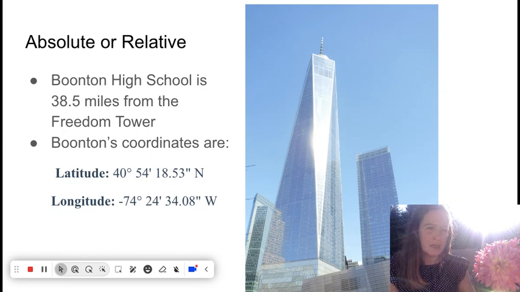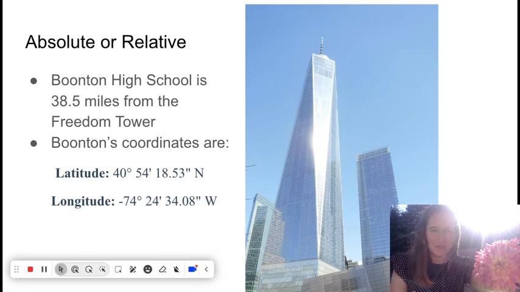So, for example, today we were honoring the anniversary of 9/11, and Boonton High School is exactly 38 and a half miles from the Freedom Tower, right? So that's an absolute location. You could also give the coordinates for where Boonton High School is, the longitude and the latitude, right? That's another example of absolute data.